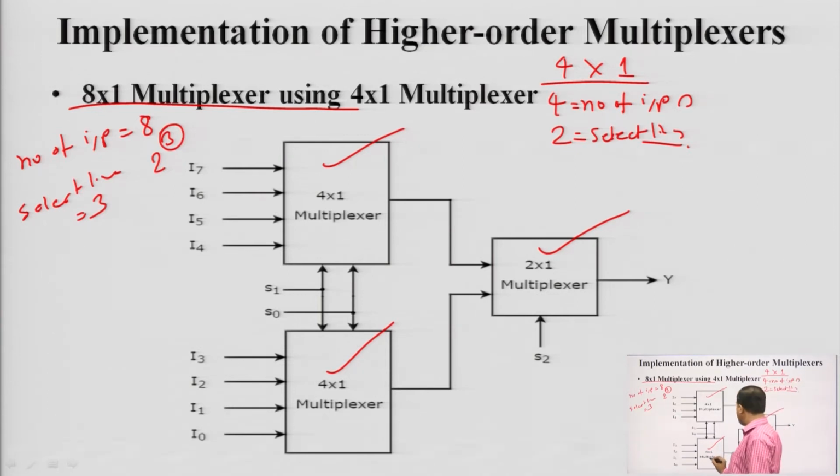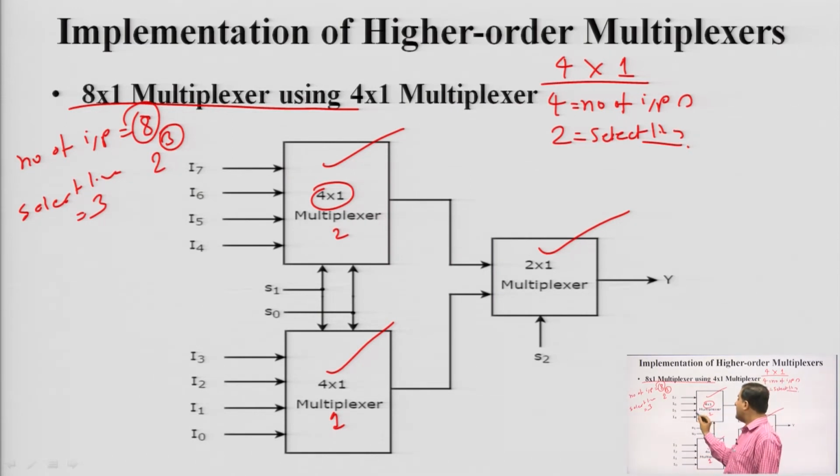See, this is multiplexer number 1 and this is multiplexer number 2, both 4 cross 1 multiplexers. Each has 4 input combinations. So, this is I0, I1, I2, I3, and here this is I4, I5, I6, I7, because in total we have to make 8 input lines, I0 to I7.